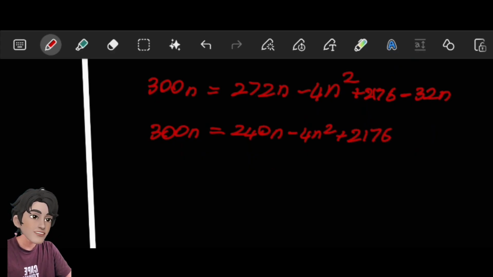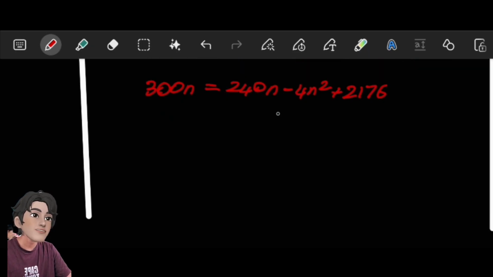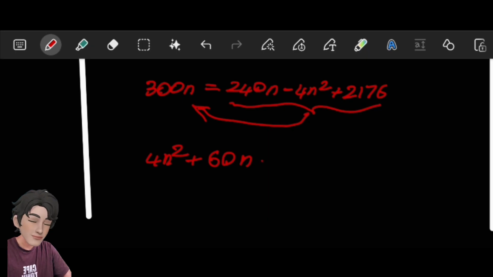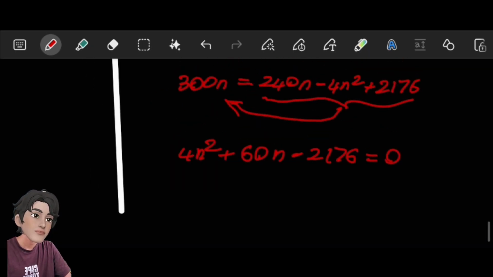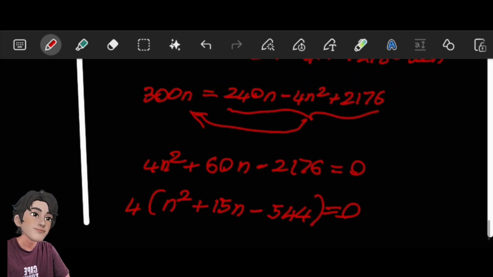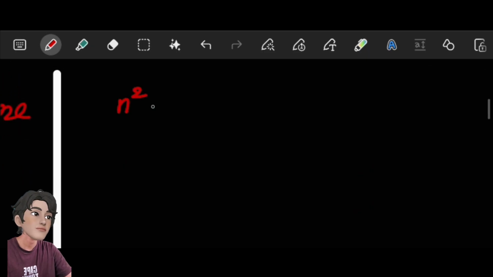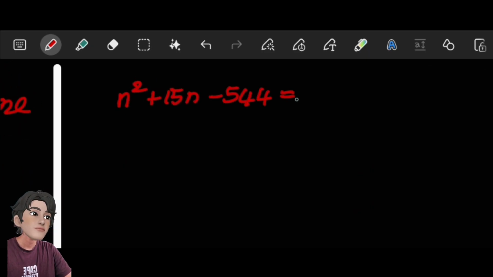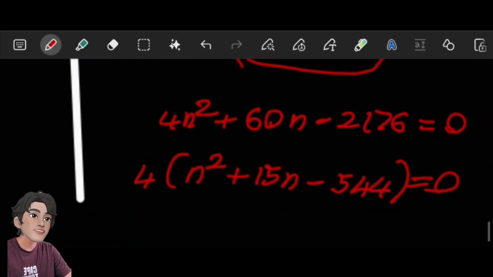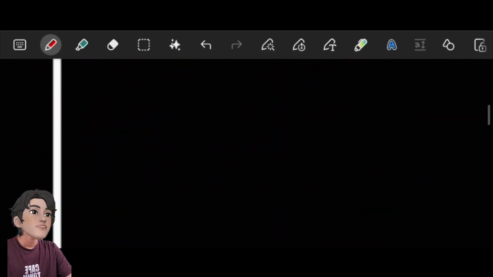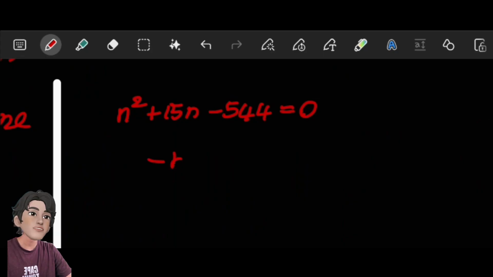Further simplifying, we get this equation, and taking this entire side to the LHS of the equal to symbol, this is the quadratic equation at which we arrive. Now I am taking 4 common to make our calculation simpler. This is the equation inside the bracket. This is the simplest form of the equation which I have arrived at.